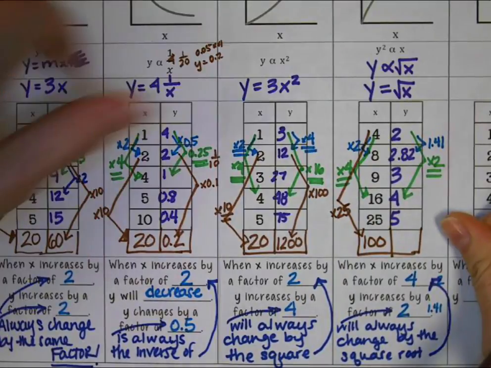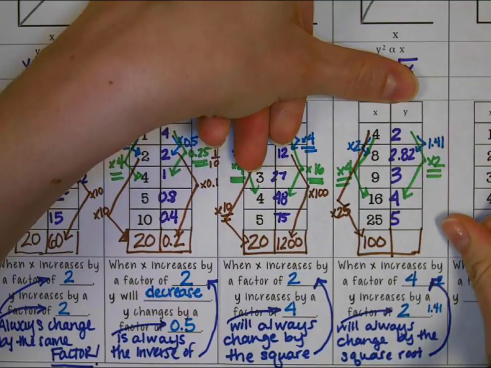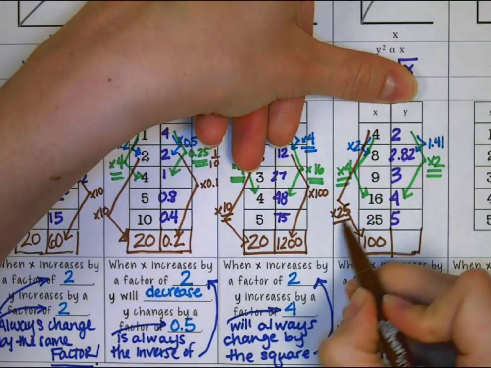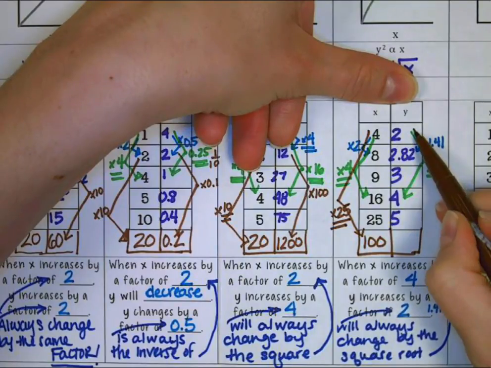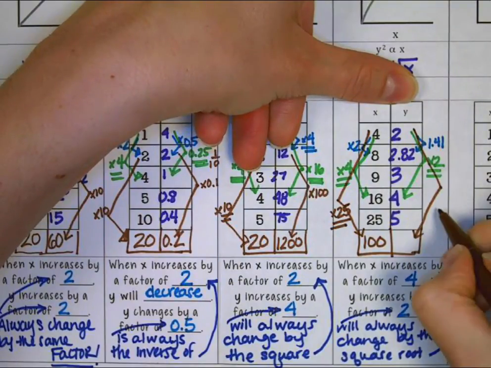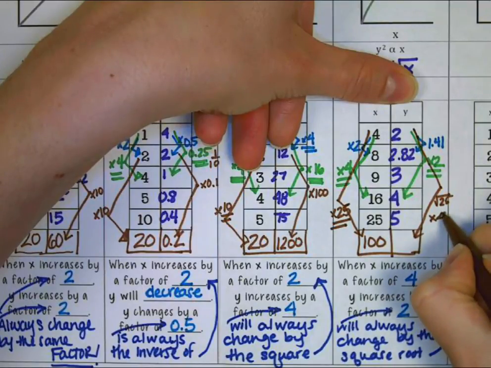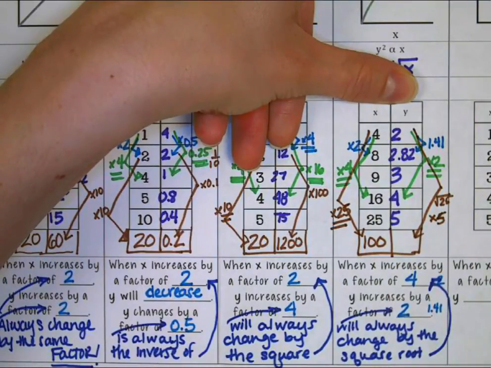So if we were to cover that up instead of just kind of knowing which one we should do based on the equation, if x changes by a factor of 25, from 2 to this number should change by the square root of 25, which is 5. So from 2 to this value would increase by a factor of 5.